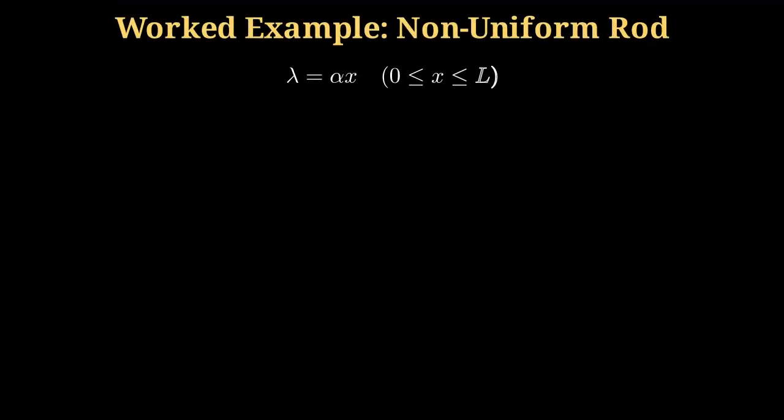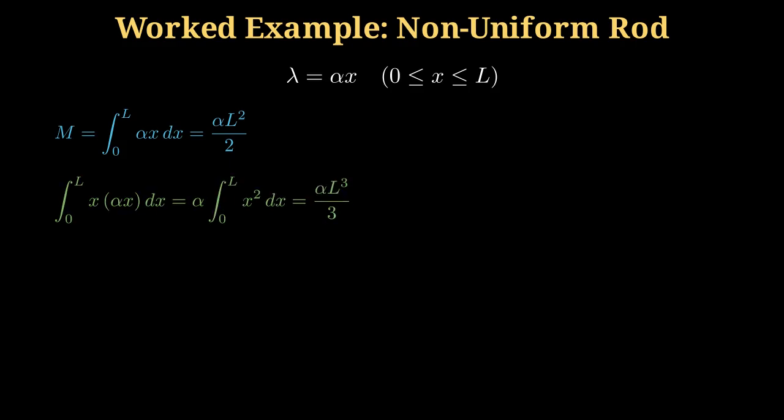Now the same rod, but the density grows along it. Lambda equals alpha x. It gets heavier towards the far end. So predict. The balance point should shift past the middle towards the heavy side. First, the total mass. Integrate alpha x to get alpha L squared over 2. Then the top of the average.